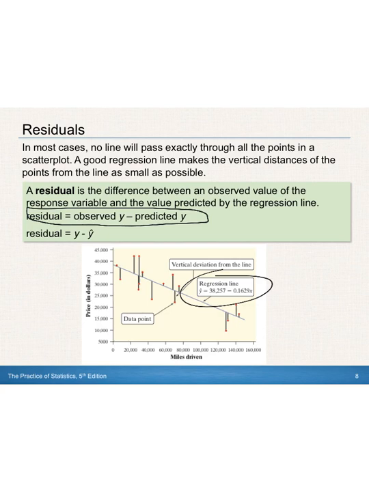A residual itself is just the idea that we look at the actual data point versus what we would predict from the regression model at that x value. So we take the actual data point and subtract from it what the model predicts, and that's your residual. We want those residuals to be as small as possible. Sometimes residuals will have a negative value because the point is below the line, and sometimes residuals will have a positive value because it's above the line.